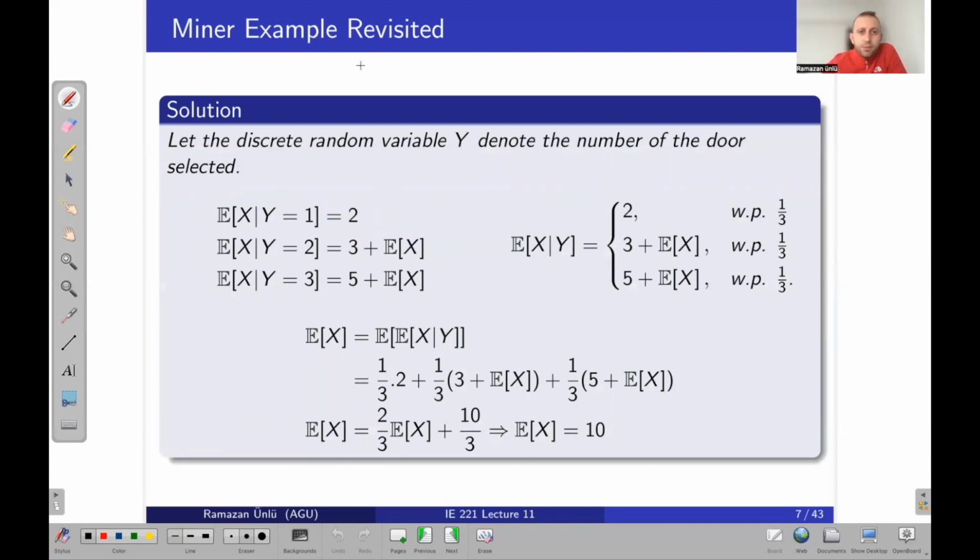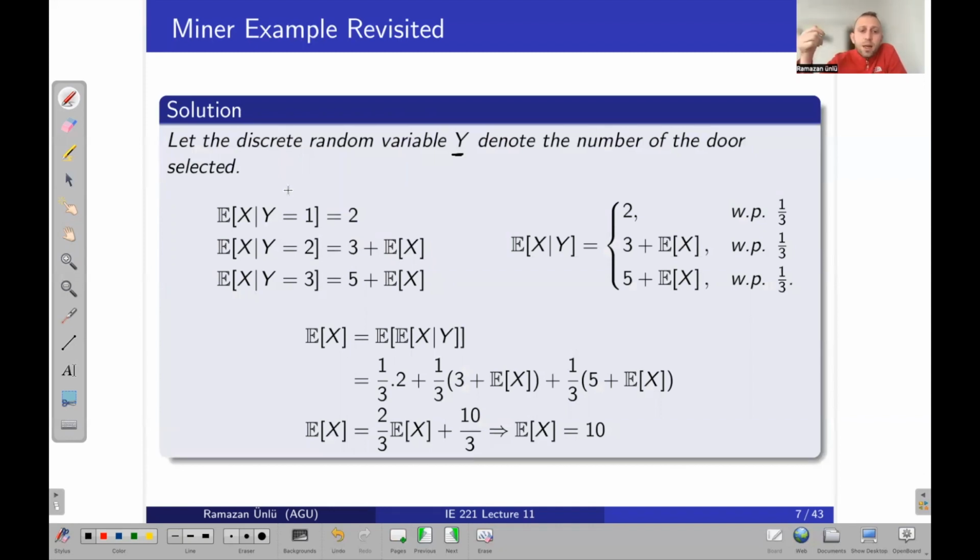Just revisit the mine example and let the discrete random variable y denote the number of doors selected. So remember the mine example. We need to choose one of the 3 doors, and if he chooses the first door, the expected value of x will be 2 because he will spend 2 hours to escape from the mine.